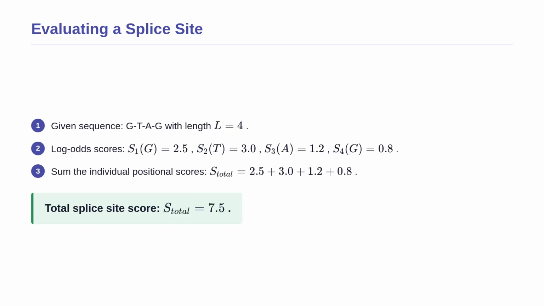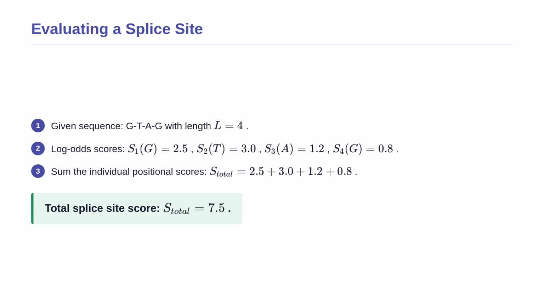Let us apply this formula to a specific example. The scanner finds a potential 4-base splice site with the sequence G, T, A, G. We pull the corresponding log odds scores from our matrix for each position. The score for G at position 1 is 2.5, T at position 2 is 3.0, A at position 3 is 1.2, and G at position 4 is 0.8.